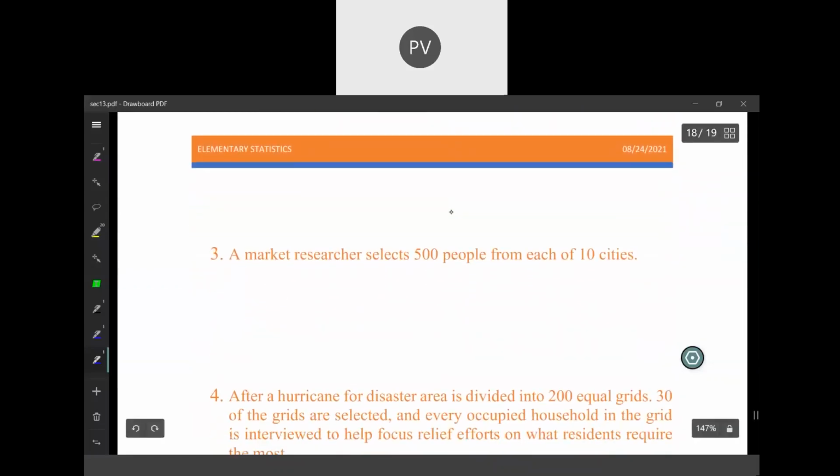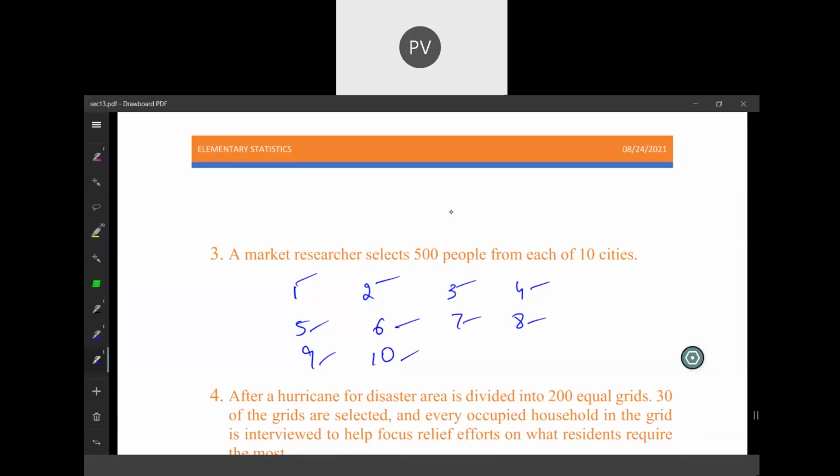Next, a market researcher selects 500 people from each of 10 cities. That means you have 10 cities, 1, 2, 3, 4, 5, 6, 7, 8, 9, 10, and he is selecting 500 from each of them. That means he is picking out only 500 from each group. So which sampling is that?